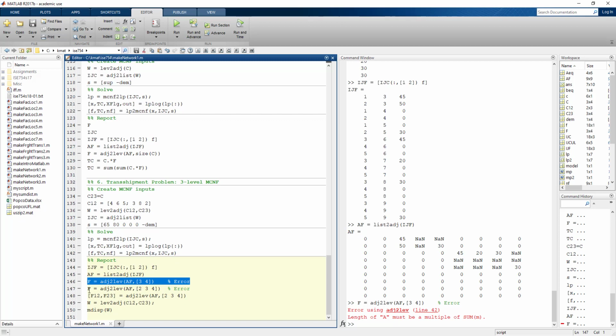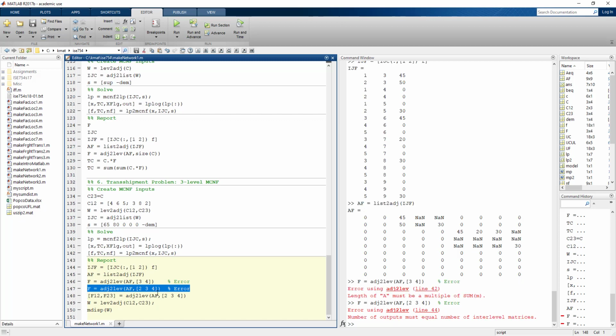We could also try doing the number of nodes in each level, 2, 3, and 4. And if we do that, we have the input arguments correct. We basically specify the dimensions of each of the 3 levels, and we include the adjacency matrix. What we don't have right is that we only have one output argument, and it can't assign that.